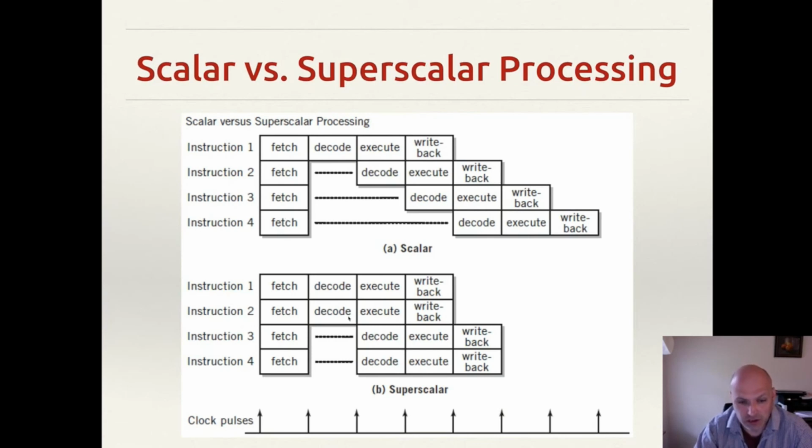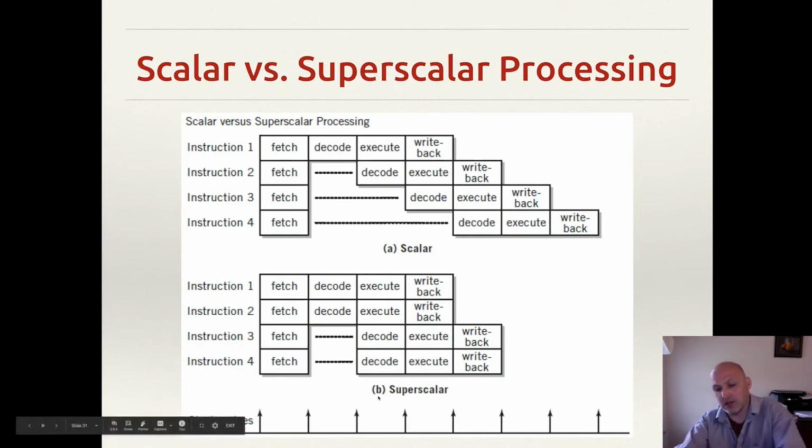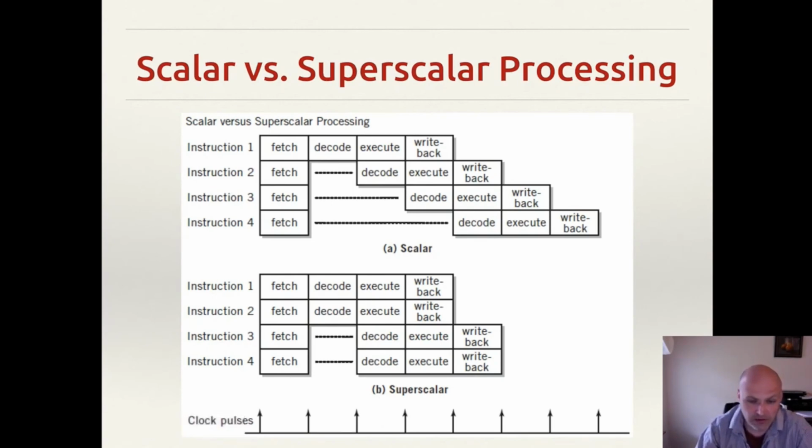But this time we decode 2 and we execute 2 at the same time we're decoding the next 2. And we do the write back here while we're executing these 2. And this pattern would continue, and now you can accomplish twice as many things in 1 clock cycle. In fact, if there are no problems, no branching, nothing goes wrong, you'll have an output of 2 instructions per clock cycle.